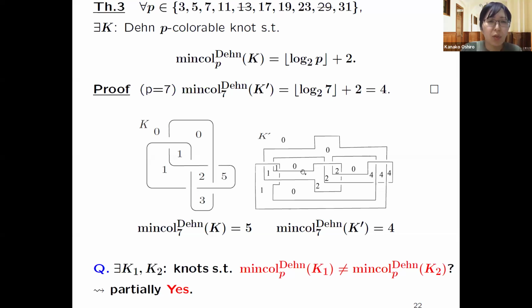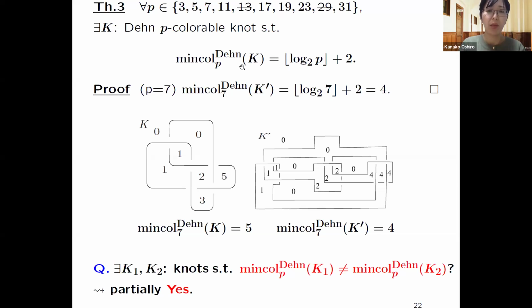Okay. So next, let's see theorem 3. Theorem 3 is for any prime number p less than 2 to the 5, except for 13 and 29, there exists a Dehn p-colorable knot K satisfying this equality.